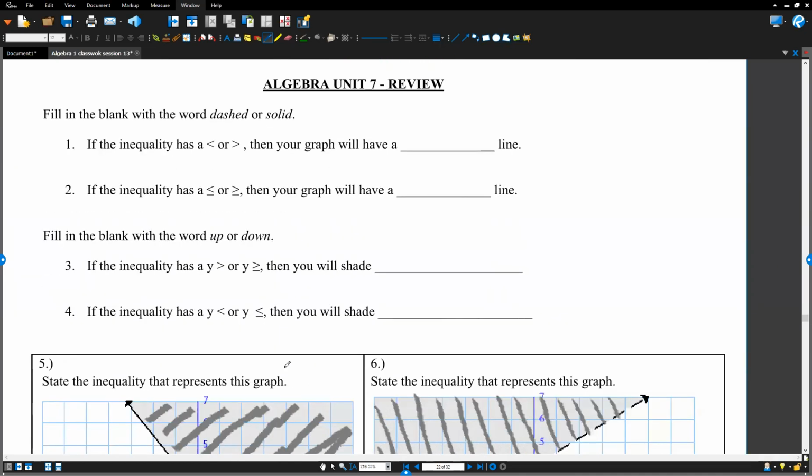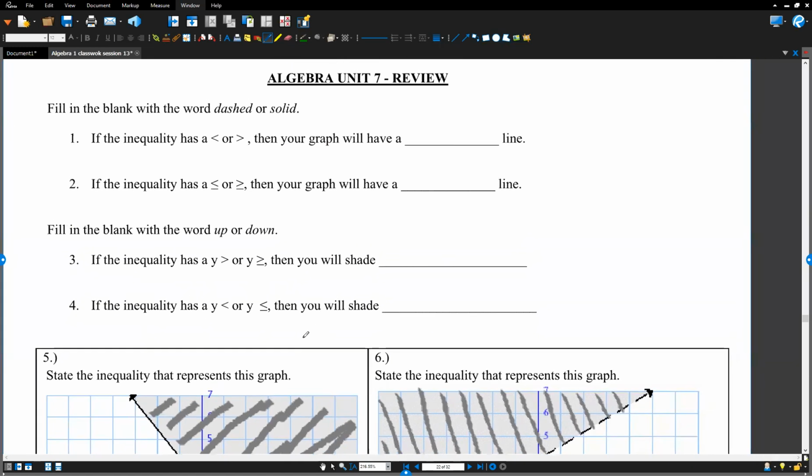Okay, we have already summarized over here. If the inequality is less than or greater than with no equal sign, the graph will be a dashed line. If there is an equal sign, the graph will have a solid line. This is a dotted line.